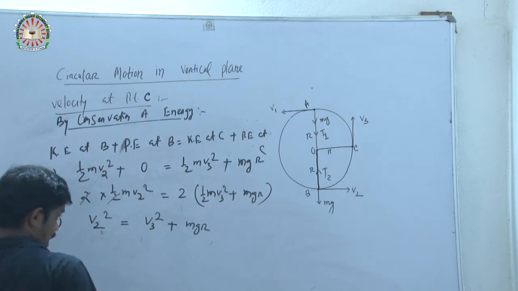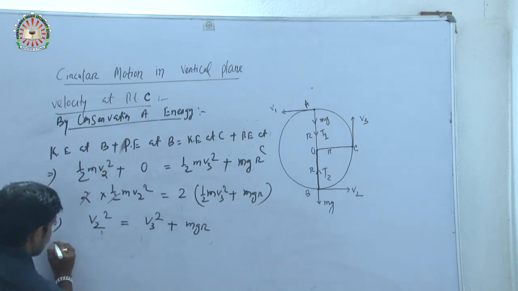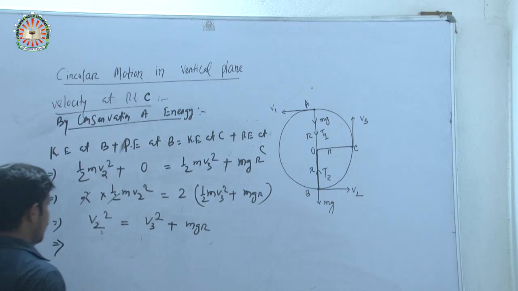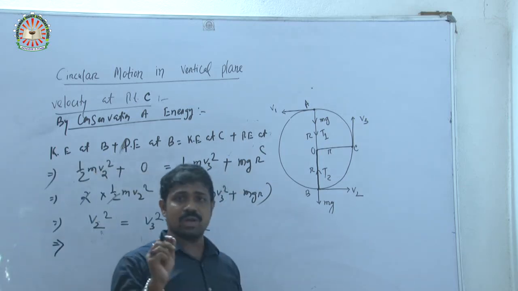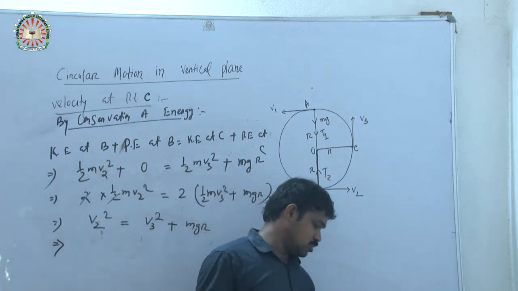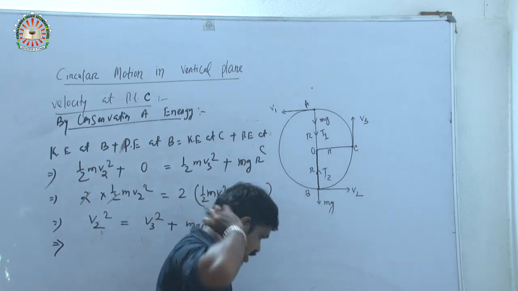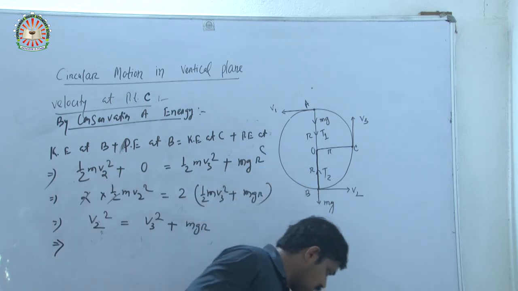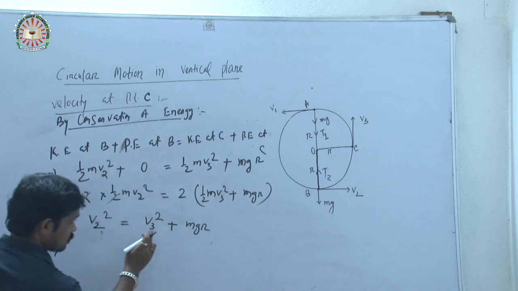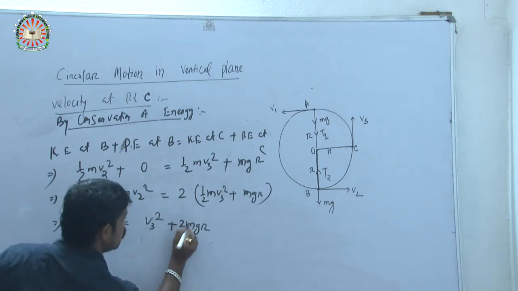Very simple. Clear? Okay. Listen very carefully. v2 square is equal to v3 square plus 2gr.